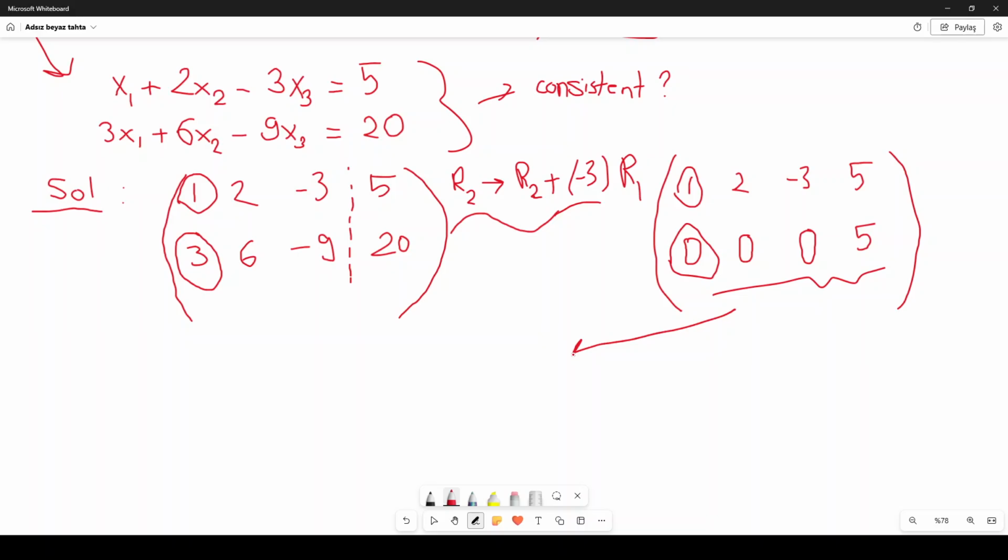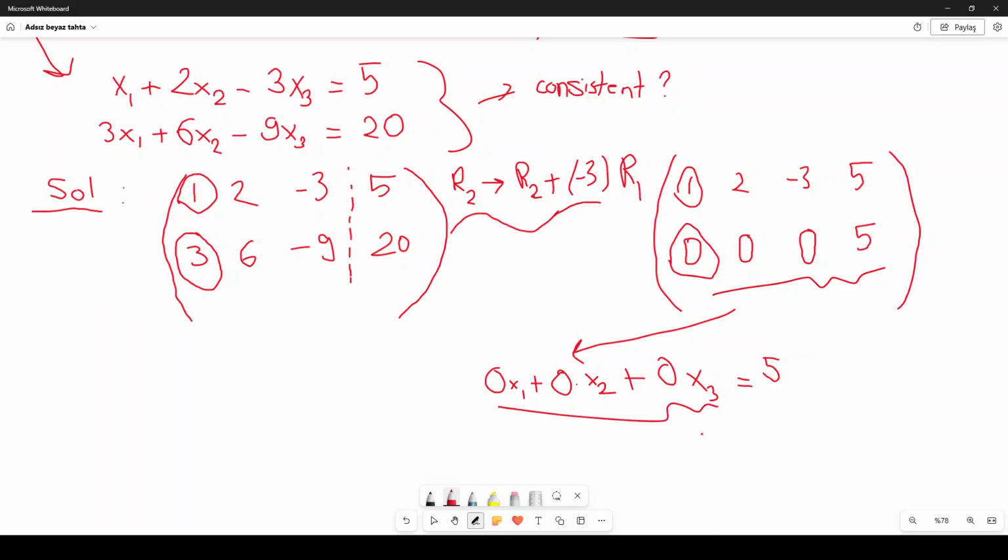If I write it down, by applying back substitution, we have 0x1 plus 0 times x2, these are the coefficients of the unknown variables, plus 0x3 is equal to 5.